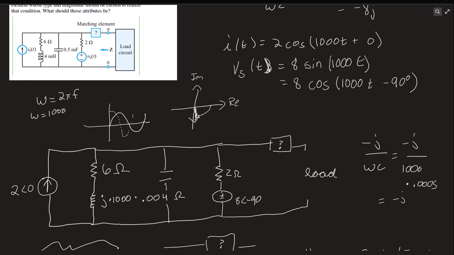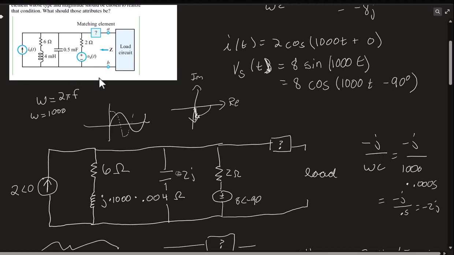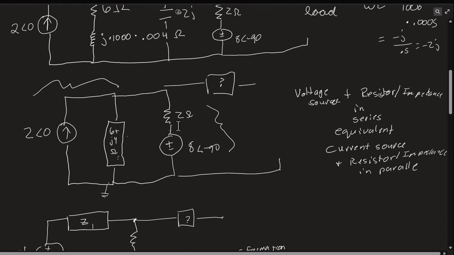So that's minus j over 0.5, which I believe is minus 2j. It's minus 2j. So then that changes everything.